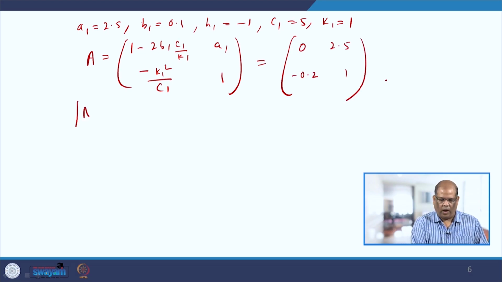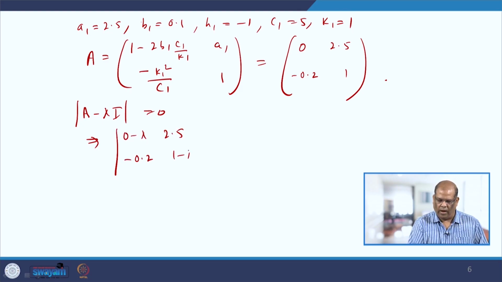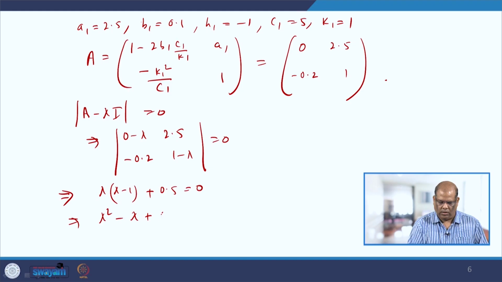And if you find the eigenvalues, this will be 0 minus lambda, 2.5, minus 0.2 and 1 minus lambda equal to 0. This will give you lambda into lambda minus 1 plus 0.5 equal to 0, lambda square minus lambda plus 0.5 equal to 0.